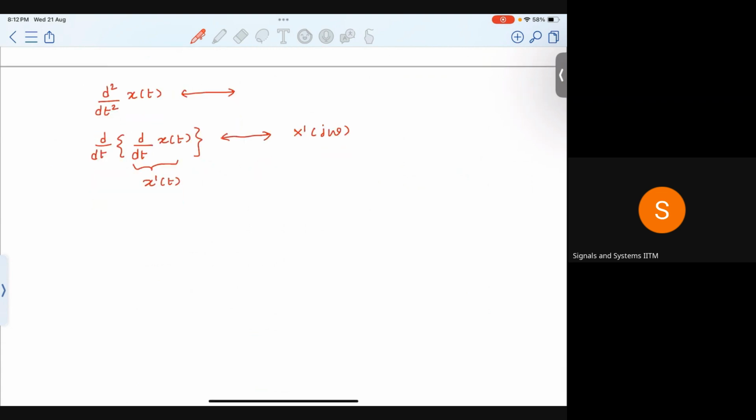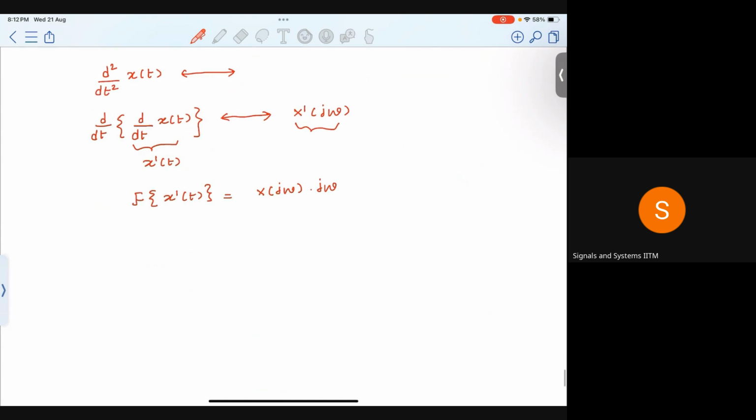Now, what is x prime of j omega? It is the Fourier representation of x prime of t. What is x prime of t? That is x of j omega times j omega, right?